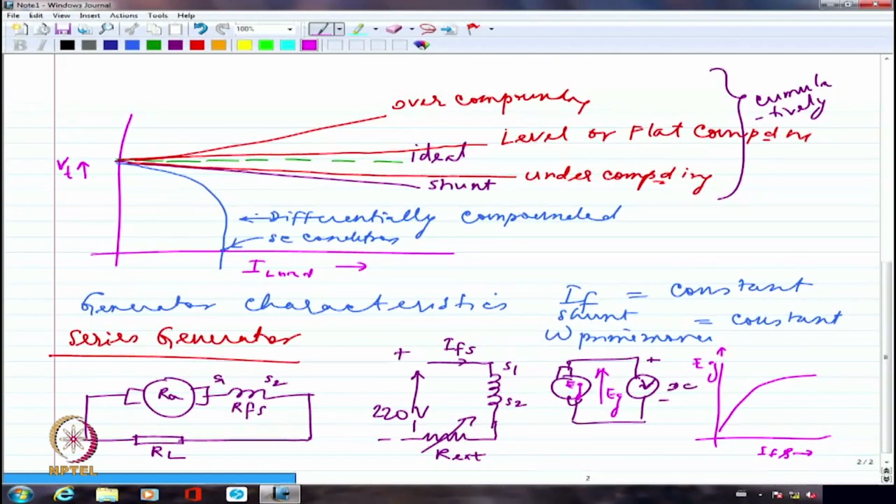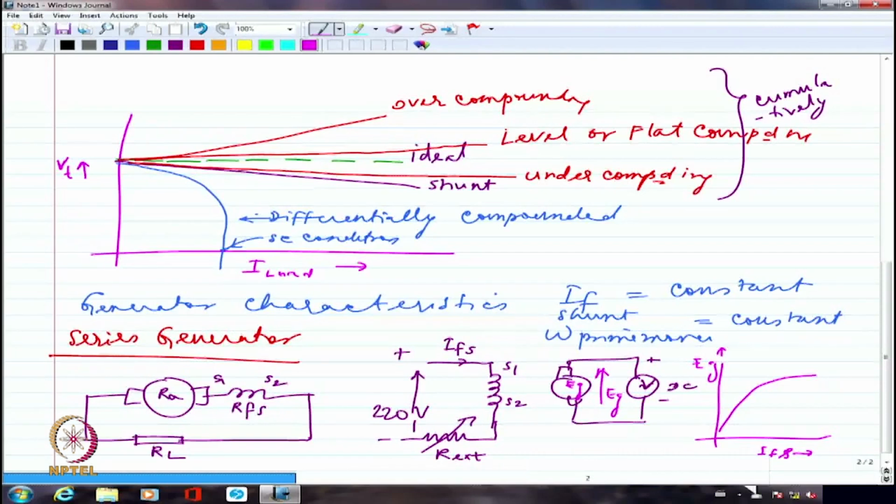Please understand this, because the series field will always carry armature current which is of the order of a few amperes, because the armature resistance itself is only 0.1, 0.2, and that is what is generating the power ultimately. Whereas shunt field has 150 ohms or 200 ohms as its resistance.